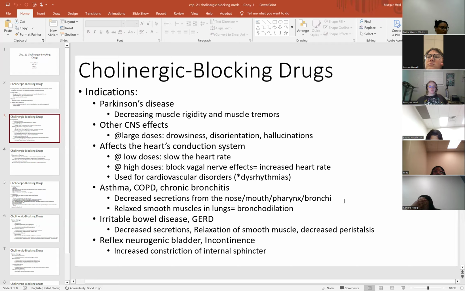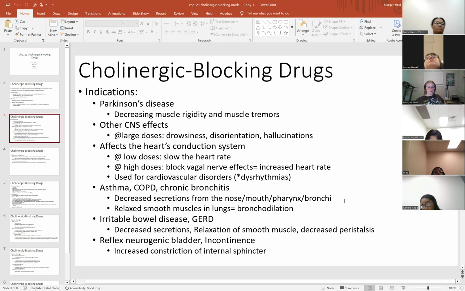I'm going to relax the smooth muscles in my GI tract. So this is going to be more your Bentyl, and I'm going to give you the names of the drugs in a second. If I have irritable bowel disease, other diseases like Crohn's disease, ulcerative colitis, gastroenteritis, whatever it may be, if I'm having really bad cramping or severe diarrhea, slowing this down would help decrease the diarrhea or the cramping that's produced.